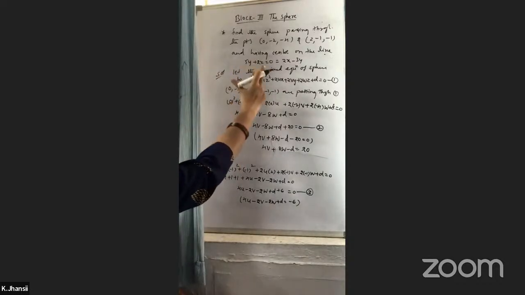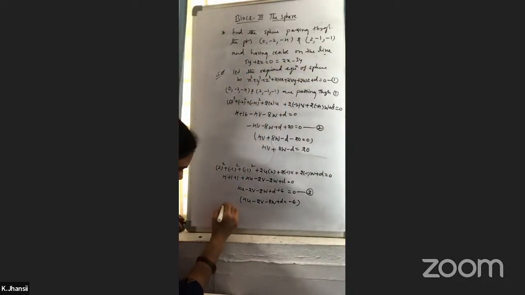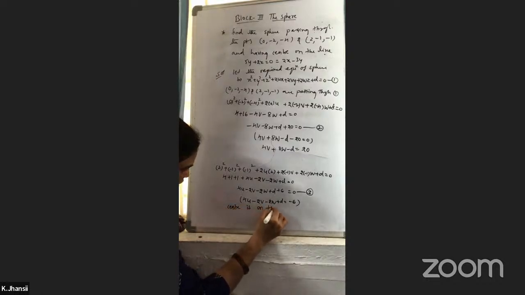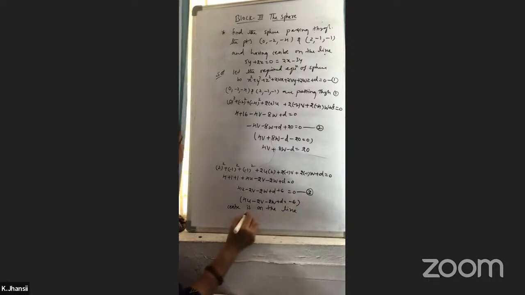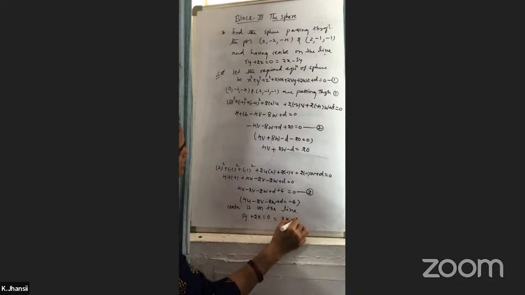Next, the center is on the line. So we have the center on the line. What is the line? We have 5y plus 2z equals 0 equals 2x minus 3y.